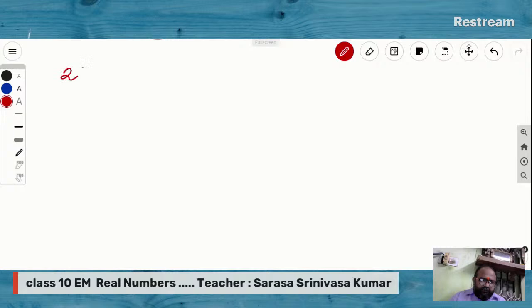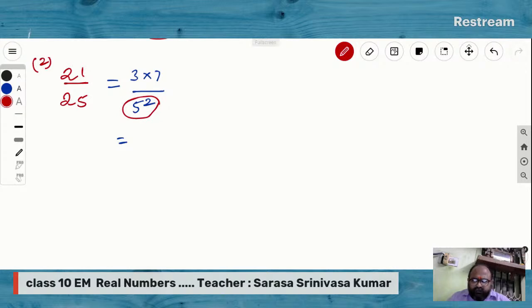Now we consider 21 by 25. This is second problem. This is equal to, 21 can be written as 3 multiplied by 7, and 25 is 5 square. Now the denominator has 5 square. We must get the form 10 square in the denominator. So 5 square must be multiplied by 2 square.